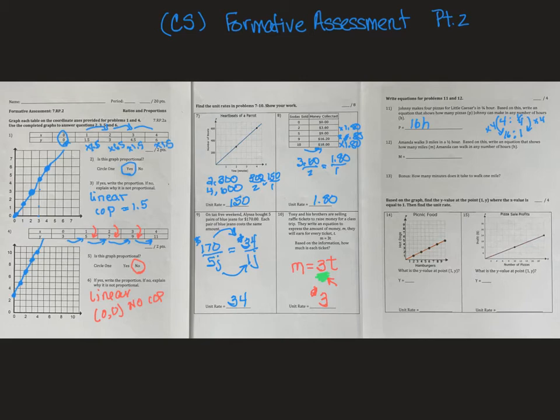In the next one, Amanda is walking 3 miles, and she's walking them in 1/2 an hour, okay? And remember we said we were going to multiply by the reciprocal, and to be clear, 4/1 is the reciprocal of 1/4, okay? And in this one, the reciprocal of 1/2 is 2/1, okay?